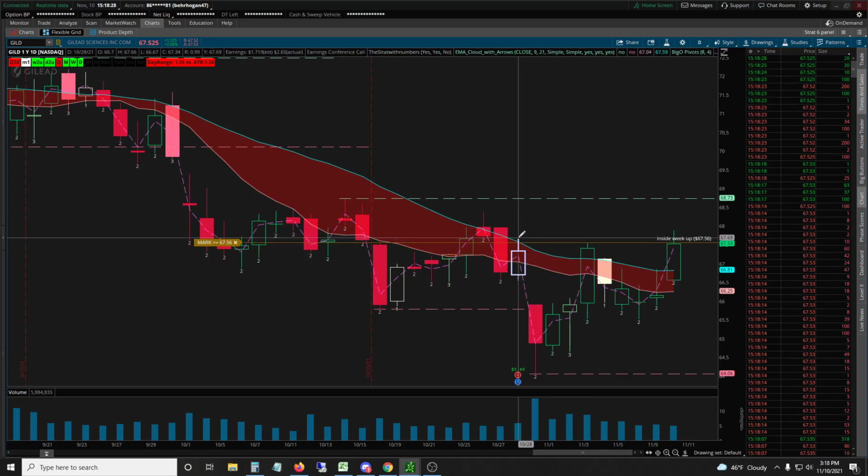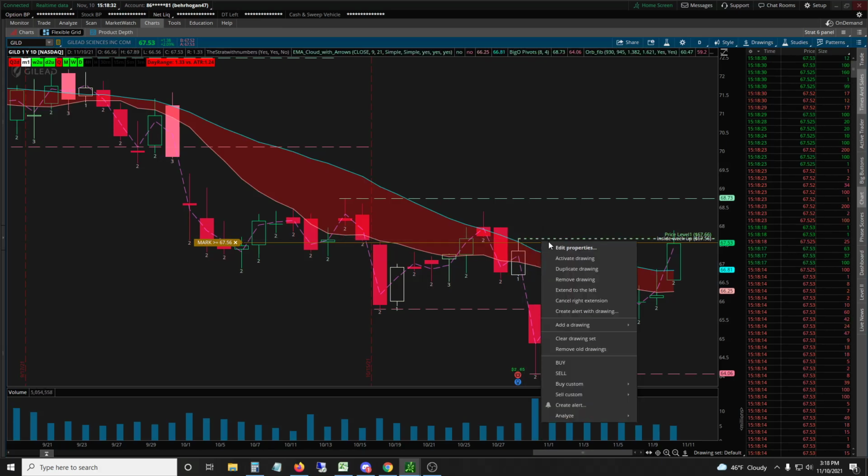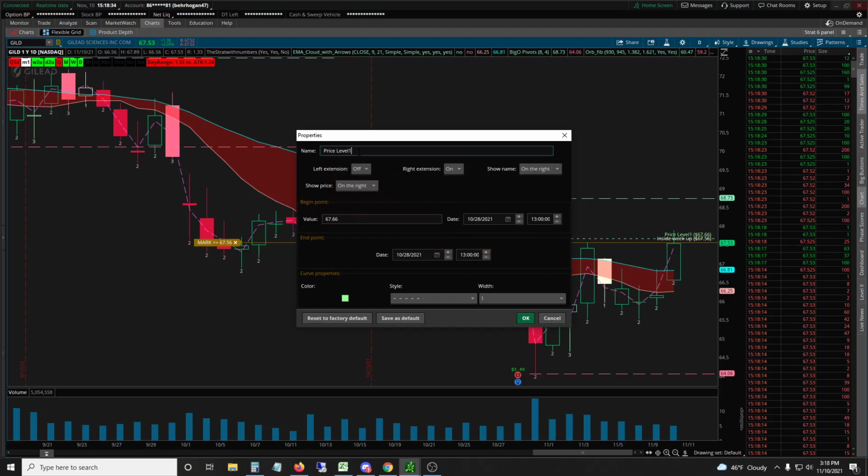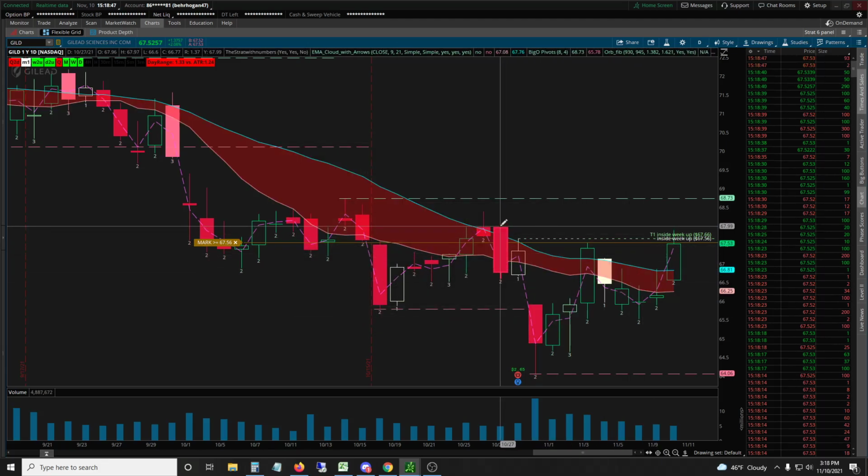So I'd do this, and I mark it T1, and then I paste again, inside week up. Now these I leave green because they're my targets. Then I come up to here.